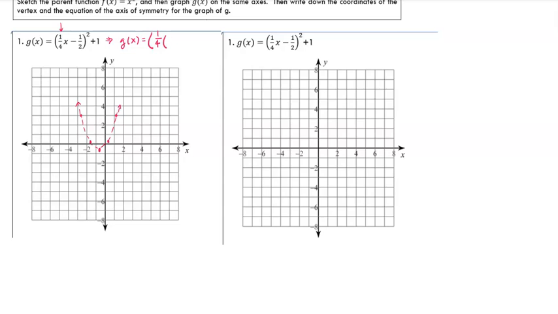When I do that, I'm taking that 1/4 x minus 1/2 and dividing each of these by 1/4. Then I get 1 here, x, and then minus 1/2 divided by 1/4, which is 1/2 times 4, so that's going to be a 2. And then we have a plus 1.